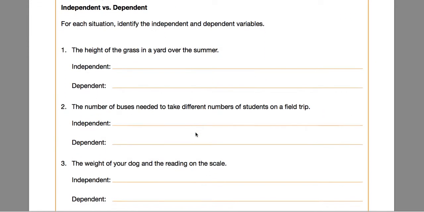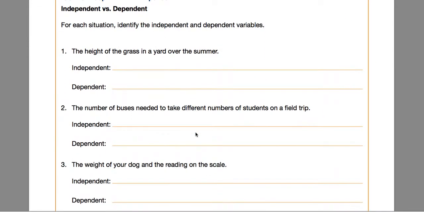You will have some that's independent and dependent. And what you got to remember is that the dependent depends on independent. So if you look at these examples, the height of the grass in the yard over the summer, the independent variable would be the number of days you don't mow or something like that.